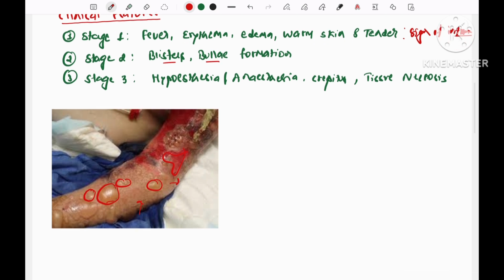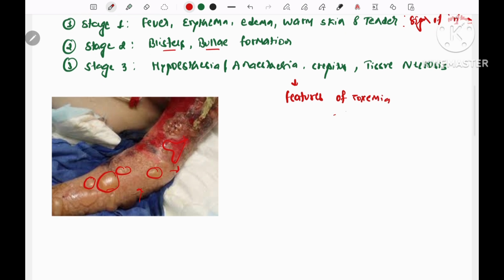And if this condition progresses to the severe stage, then it can lead to features of toxemia, which means there will be very high grade fever with chills, there can be hypotension, and if this condition progresses to a very dangerous state, then it can lead to renal failure.